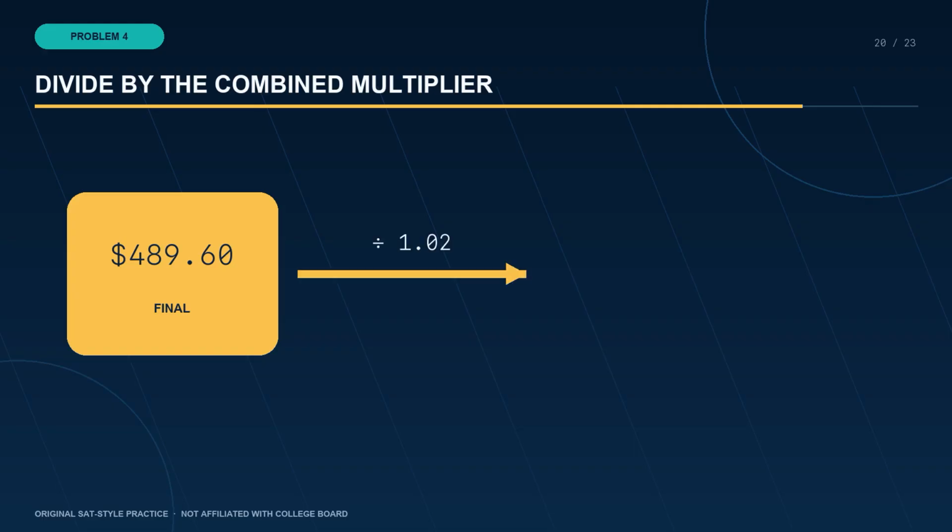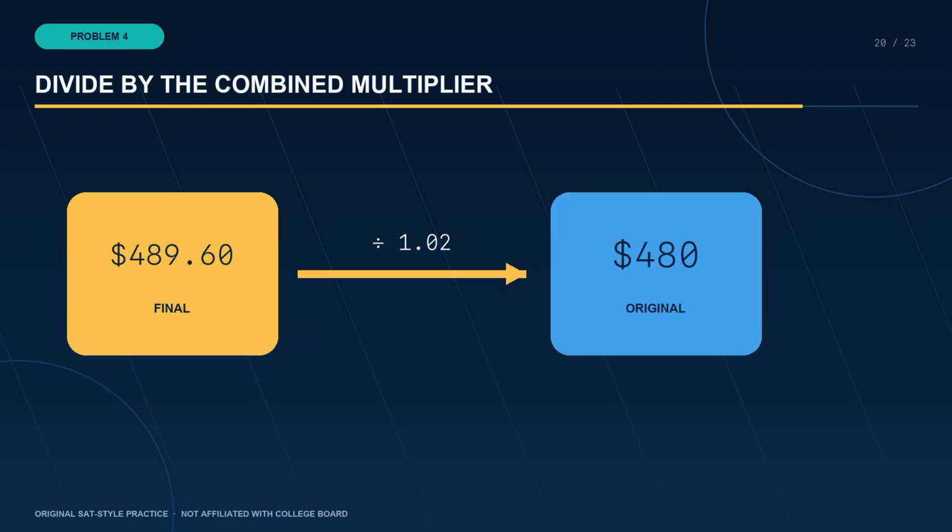Their product is 1.02, so the two changes produce a net 2% increase. Divide $489.60 by 1.02 to get 480. Check forward. 15% off 480 gives 408, then 20% added gives $489.60.